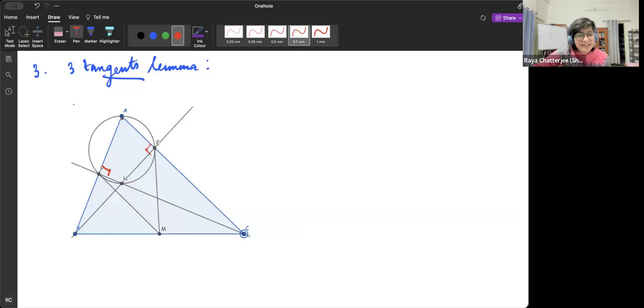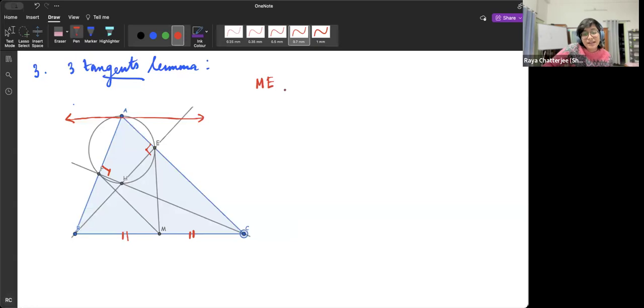Therefore, we know that AFHE is a cyclic quadrilateral because the opposite angles are supplementary, and M is the midpoint of BC. So what this lemma claims is that ME, MF, and the line through A parallel to BC, all these three lines, are tangent to the circumcircle of AFHE.